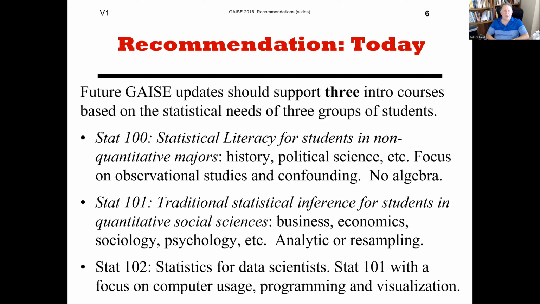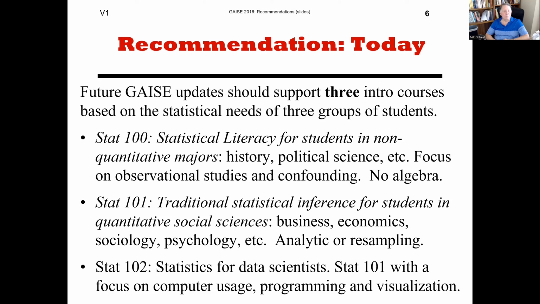No, Stat 100 should be for students in non-quantitative majors. Students that are taking statistics to satisfy a quantitative requirement at their institution. Majors such as history, political science, etc., where the focus is on observational studies and confounding. No algebra. That's my recommendation.